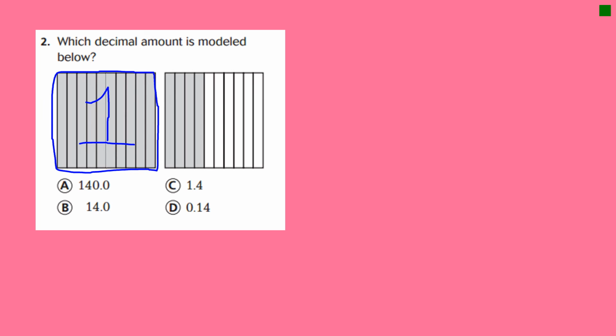Okay, so that flat is worth just 1 whole. Okay, so look at your answer choices. You already know the answer now. We only have 1 whole, and then 1, 2, 3, 4 out of 10 equal parts, 4/10. 1 whole and 4/10. Fantastic.